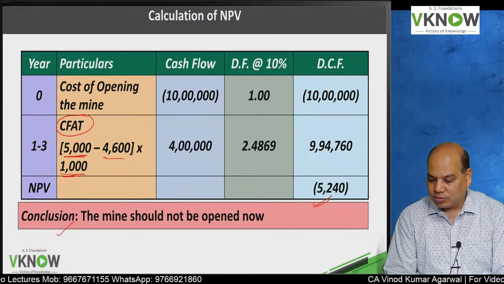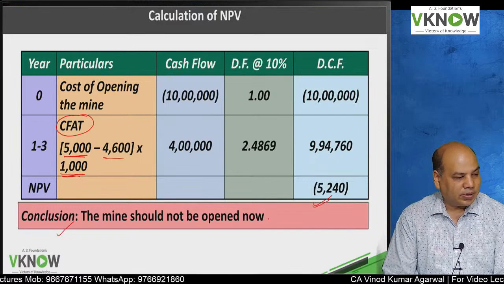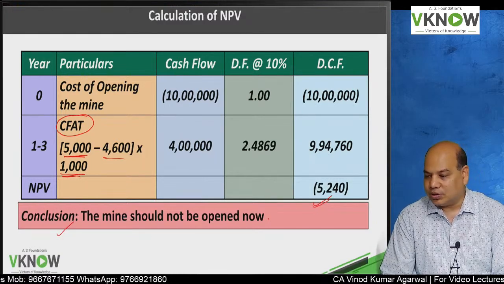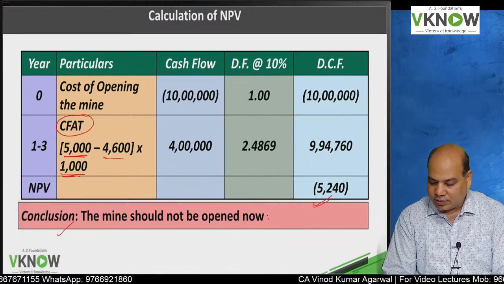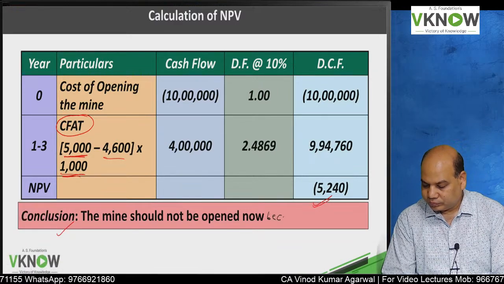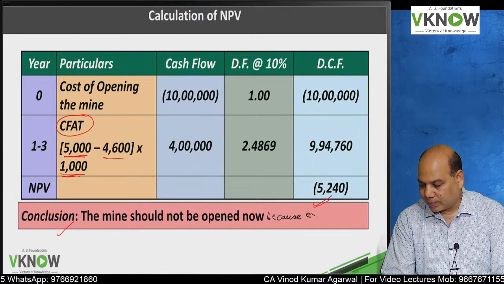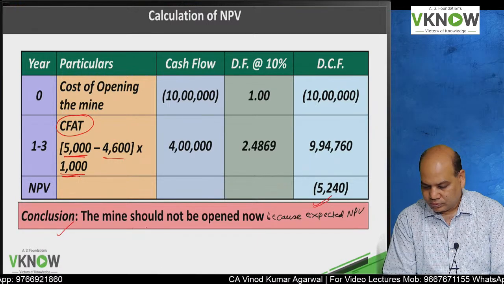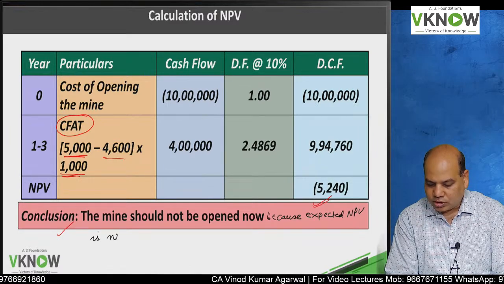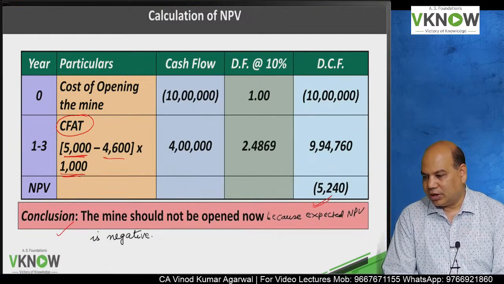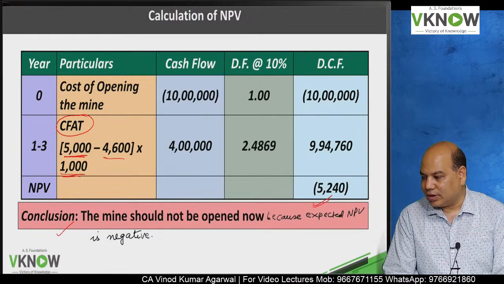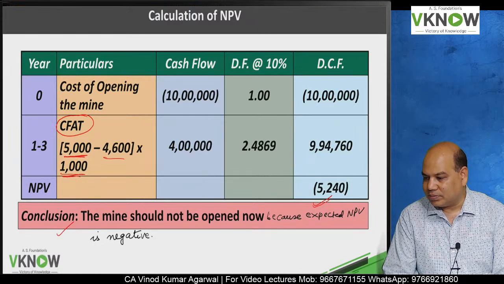The mine should not be opened now because expected NPV is negative. It is not generating your target return of 10%. Negative NPV means you are not getting the target return of 10%.